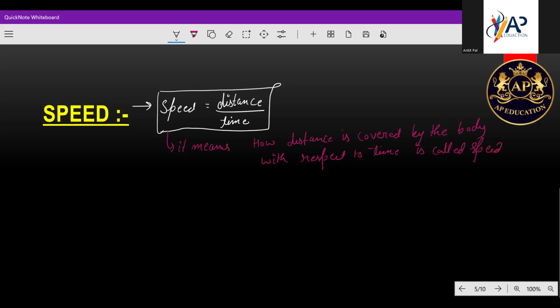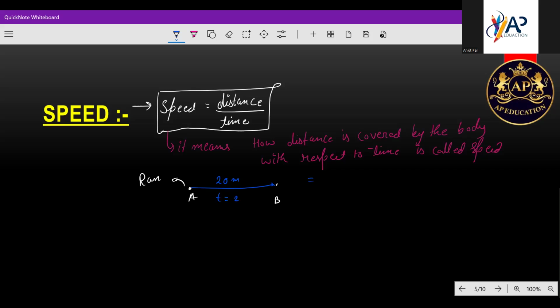Suppose that Ram is moving from point A to point B. When Ram is covering a distance from A to B, it's 20 meters in 2 seconds, taking a time of 2 seconds.